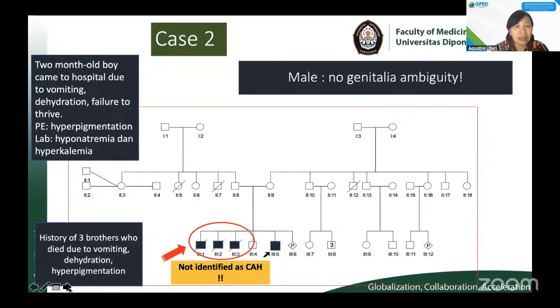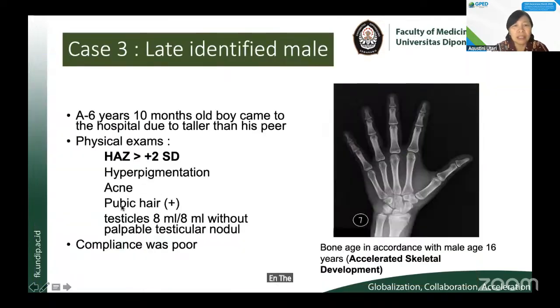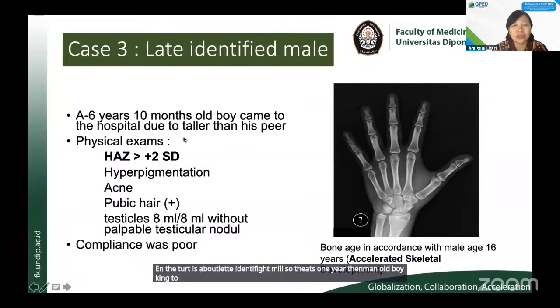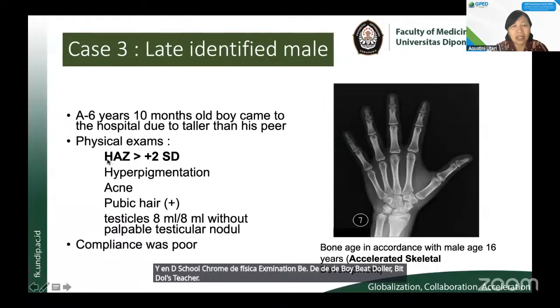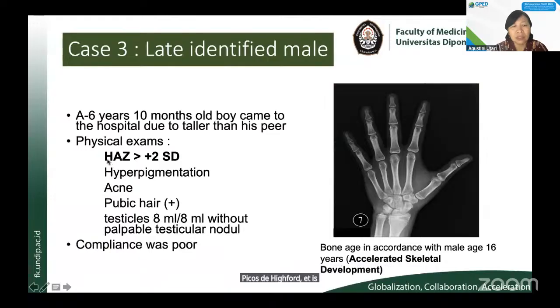And the third is about a late-identified male. There is a 1 year, 10-month-old boy who came to our hospital because he was taller than his peers, and he got bullied in school. From the physical examination, we saw a boy with tall stature, because the height for age is more than 2 standard deviations.